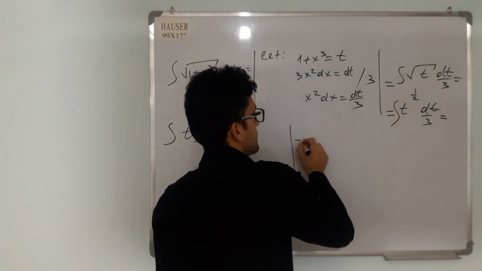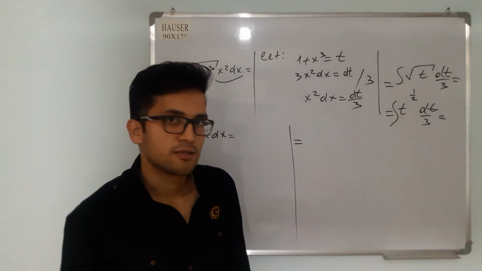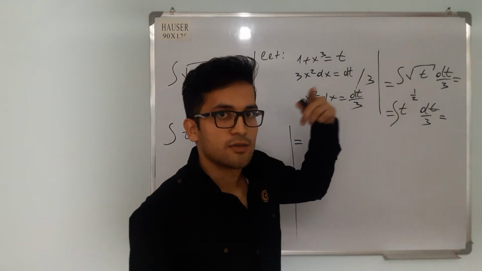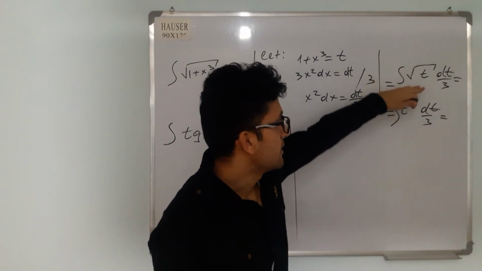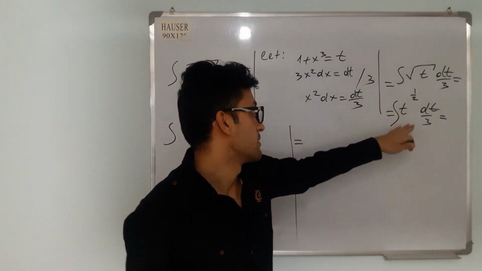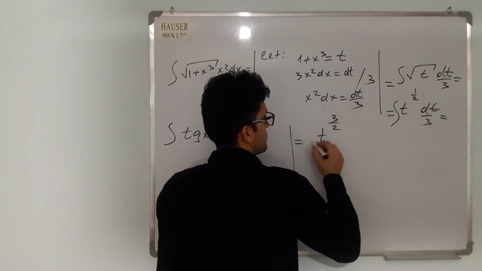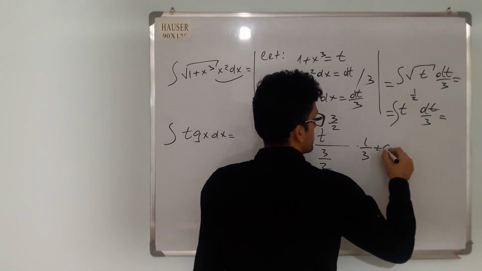When you take the antiderivative, we should add 1 to the exponent, then divide by that new exponent. So it will be t to the 3 divided by 2, divided by 3 divided by 2, multiplication 1 divided by 3 plus c.